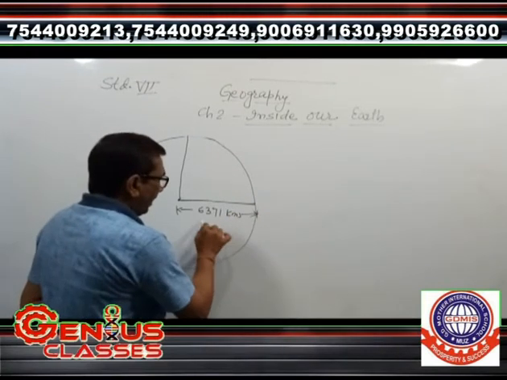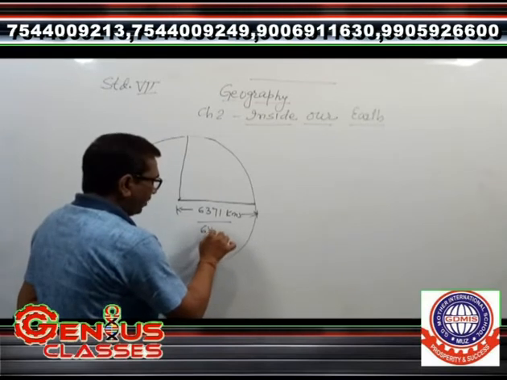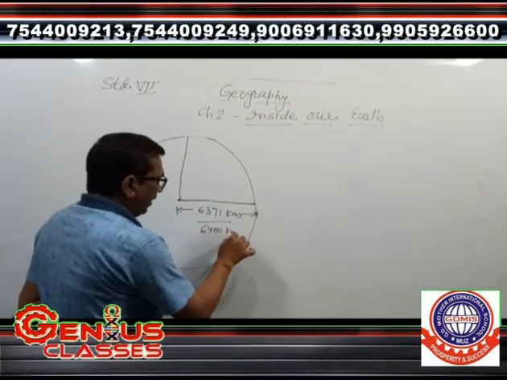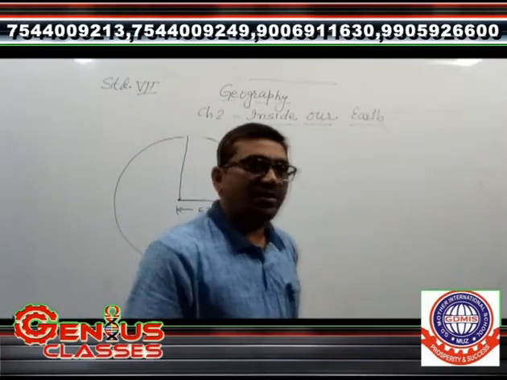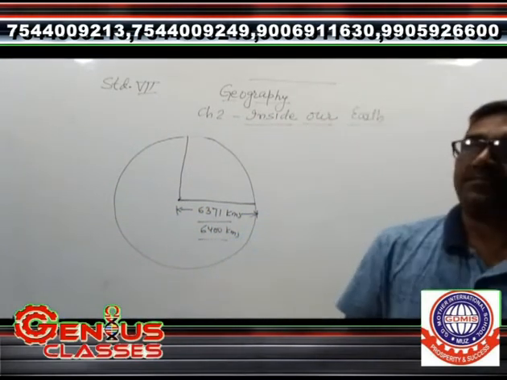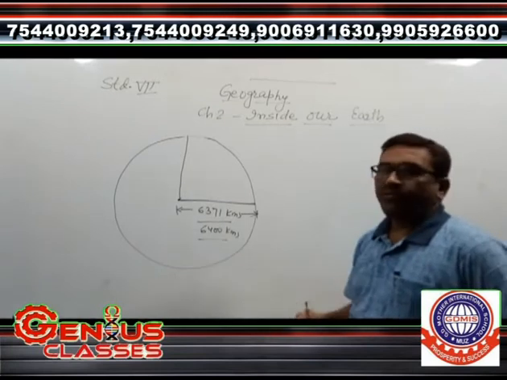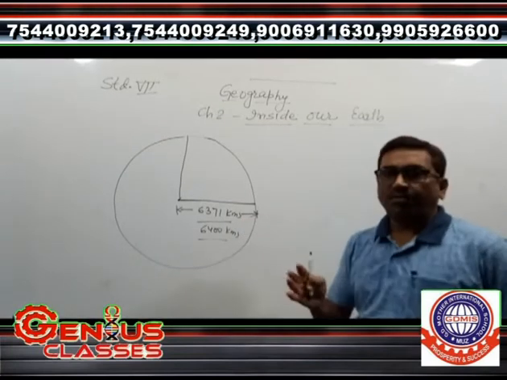But we take it as 6,400 kilometers. For the calculations, we will go into them in higher classes. We take it as roughly 6,400, a difference of 29 kilometers.